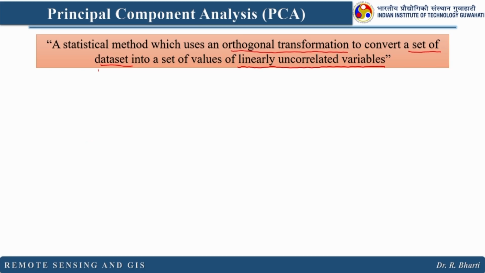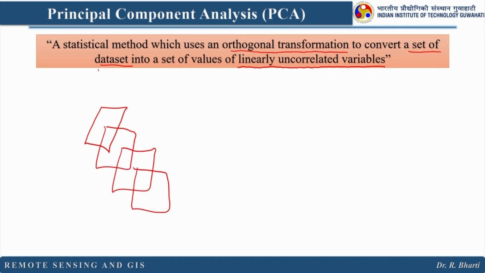So, let us see, you have different images. These images are produced by a sensor, where each band corresponds to some wavelength. So, wavelength 1, maybe 2, 3, and this is 4.